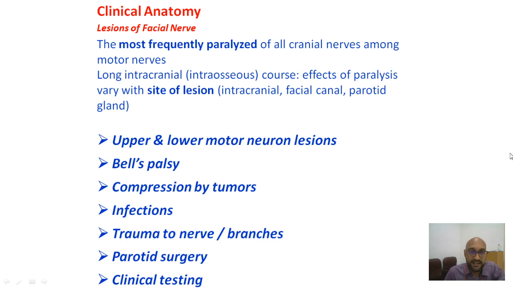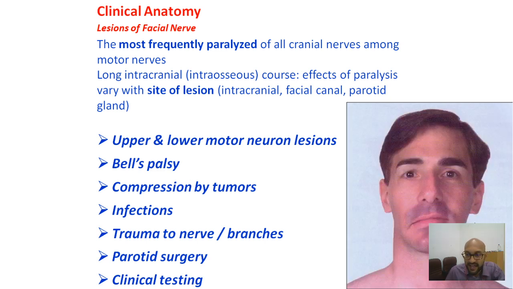Now, coming to the clinical anatomy related to the facial nerve, it is one of the most frequently paralyzed cranial nerves among all motor nerves, but usually what you get is a lower motor neuron palsy, which is known as Bell's palsy, wherein one half of the face is completely paralyzed. When that person has that paralysis, you can see that there is a drooping of the angle of the mouth, there will be lagophthalmos, that is, the person is not able to close the eye properly, as well as when the person tries to blow the mouth like this, there will be leaking of air from the side that is paralyzed.